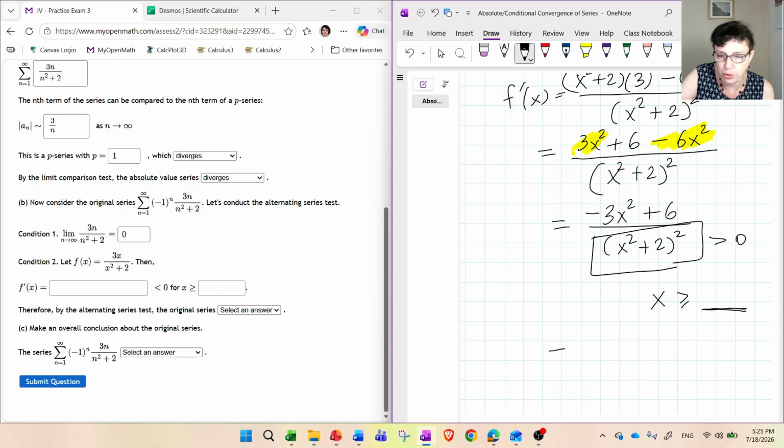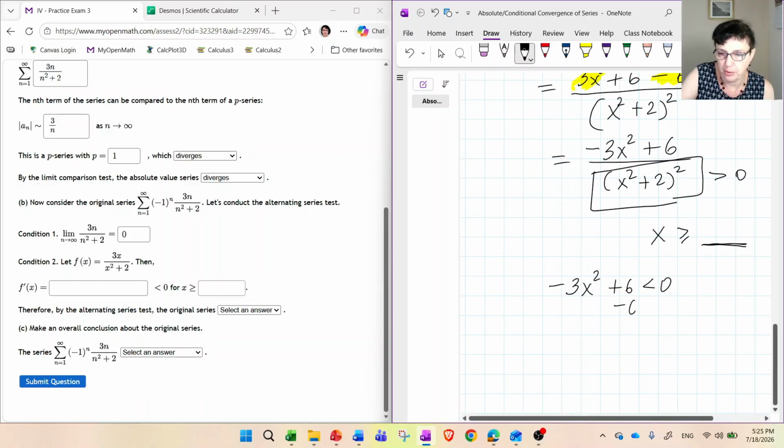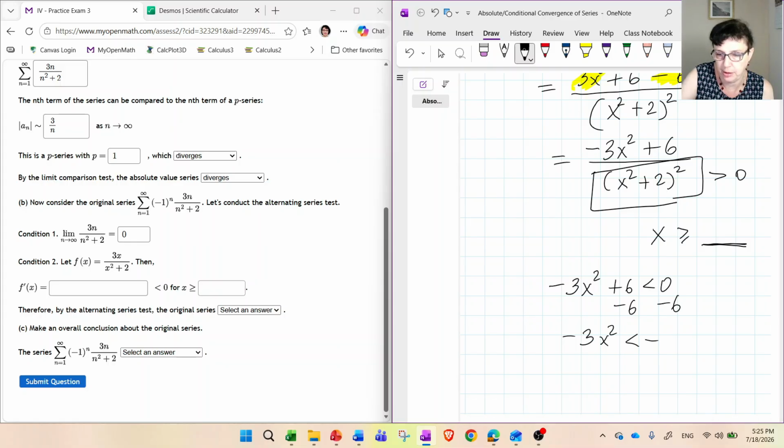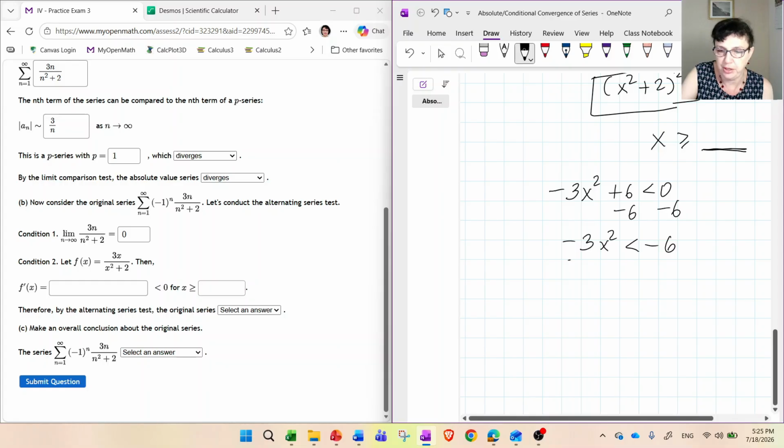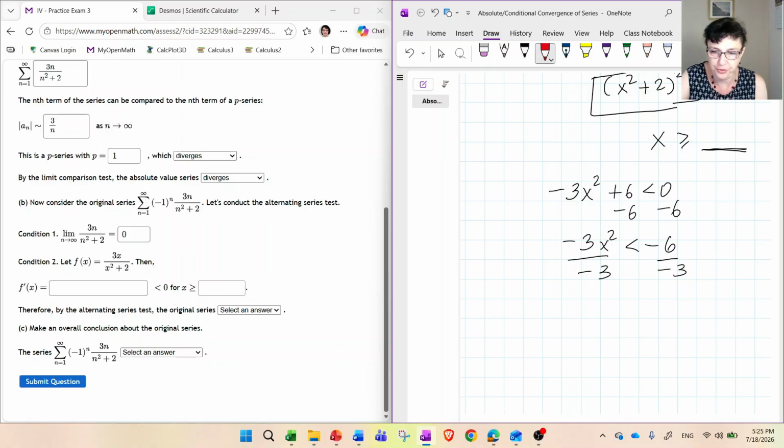So if I want to solve the inequality negative 3x squared plus 6 less than 0, how do I do that? Well, I'm going to subtract 6 from both sides. So this is going to be negative 3x squared less than negative 6. I'm going to divide both sides by negative 3. Now, remember when you're dividing an inequality by a negative, that will flip the sign of the inequality.